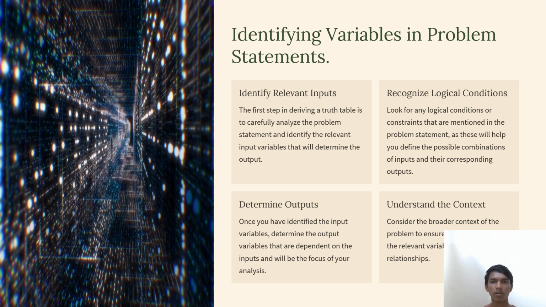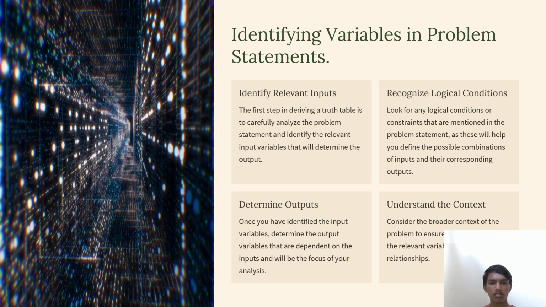Identifying variables in problem statements. Identify relevant inputs. The first step in deriving a truth table is to carefully analyze the problem statement and identify the relevant input variables that will determine the output. Recognizing logical conditions. Look for any logical conditions or constraints mentioned in the problem statement, as this will help you define the possible combinations of inputs and their corresponding outputs.